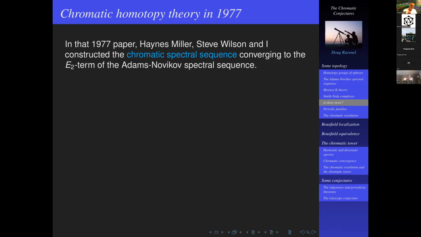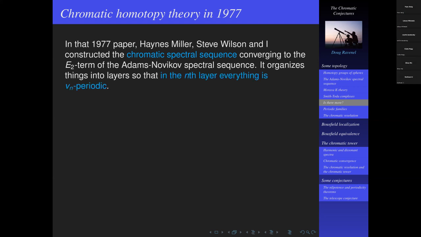And the algebraically defined gadget itself is very hard to get at. And the subject of that paper was a way to get to the E2 term, the input for the Adams-Novikov spectral sequence. And that gadget was called the chromatic spectral sequence for reasons that I'll explain shortly.